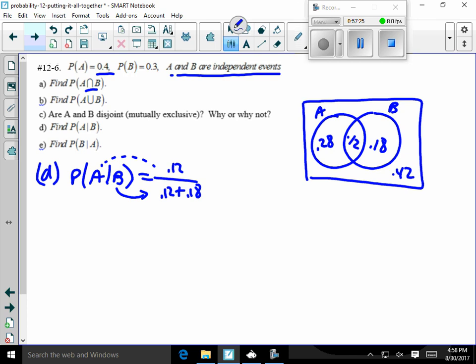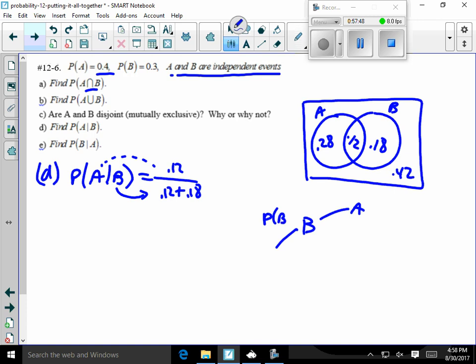Now, if you prefer to do the conditional probability approach instead of the Venn diagram to find this, another way to think of it, if you don't like the Venn diagram approach, is you can start by doing this. If I'm saying the probability of A given B, you can say, okay, let's put B first as an event and then A, and then label these probabilities.